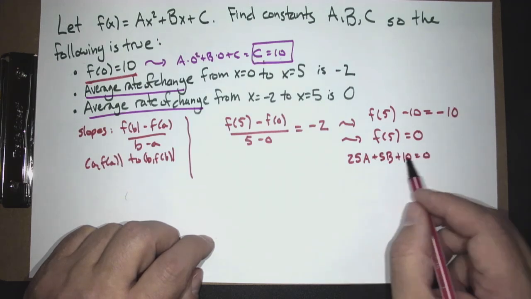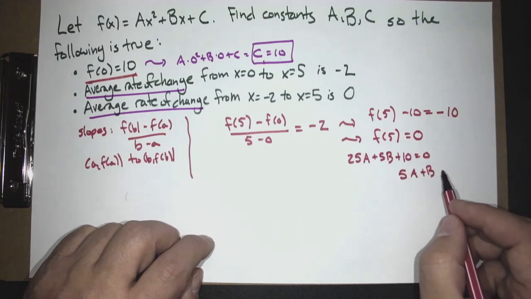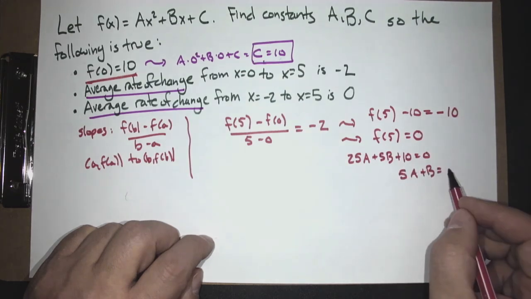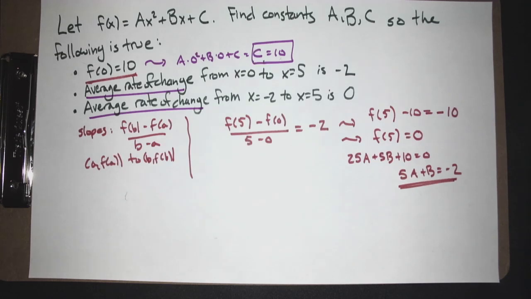And if you want, you can divide through by 5, you get 5a plus b plus 2 equals 0, or 5a plus b equals minus 2. So here's a formula involving a and b. That comes from our second bullet point. All right. Are we ready for our next bullet point?